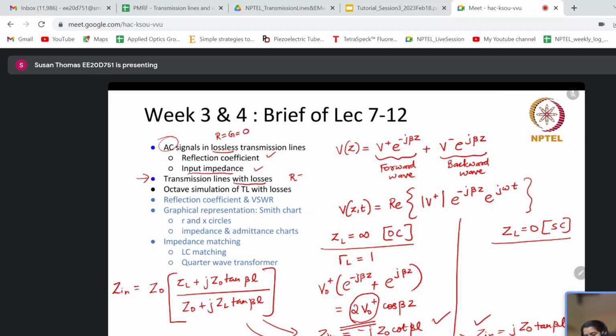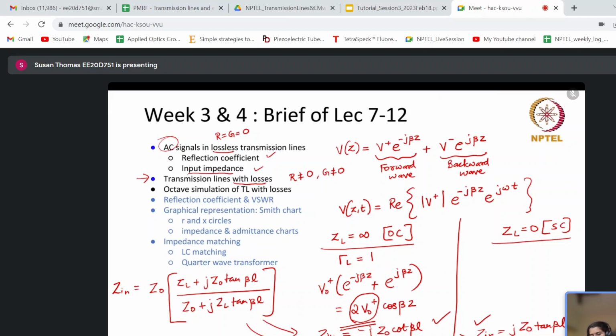But when there are losses, there is a finite value for R and G, that is the resistance and the conductance. So the eighth lecture deals with the transmission line equation, the solution of transmission lines when there are losses.